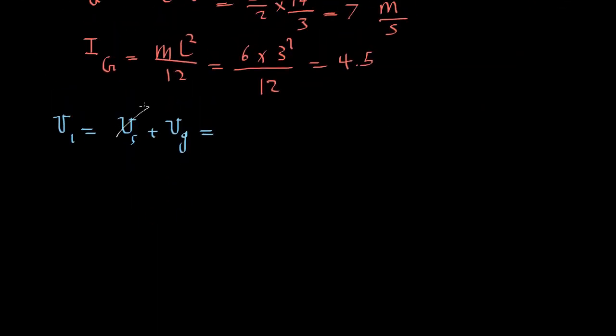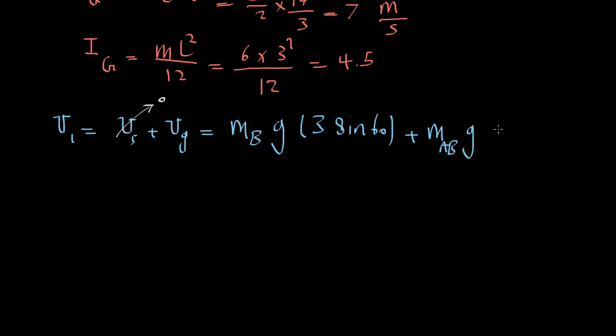So this is equal to 0 initially, plus MB g times H, which is 3 sine 60, plus MAB g times 3 sine 60 over 2. So that's the potential energy at the initial state.